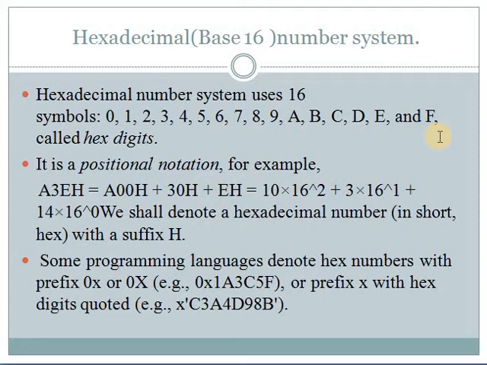Okay, it is a positional notation. For example, see here, A3EH. What is E here? E is 14. A is 10, 3, E is 14 and H stands for hexadecimal. So A00H plus 30H plus EH.